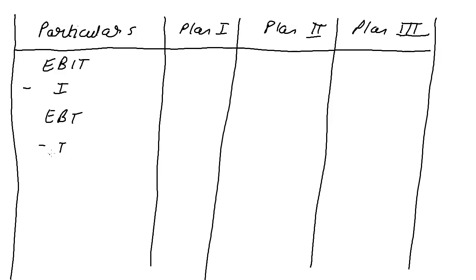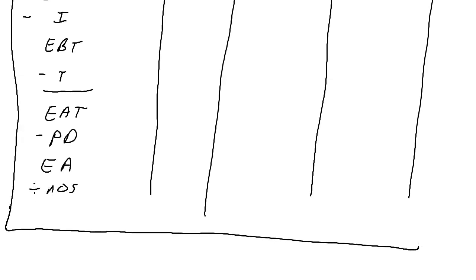EBT minus tax gives us EAT. EAT minus preference dividend gives us earnings available to equity shareholders. If we take this number and divide it by number of shares, then we finally end up with what is called EPS, or earnings per share.